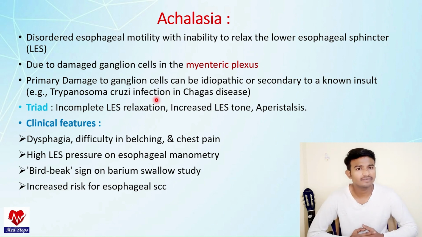Damage of the ganglion in the myenteric plexus, which is idiopathic, we call the primary cause. And the secondary cause is damage to the myenteric plexus because of Trypanosoma cruzi infection. We will study that in Chagas disease.